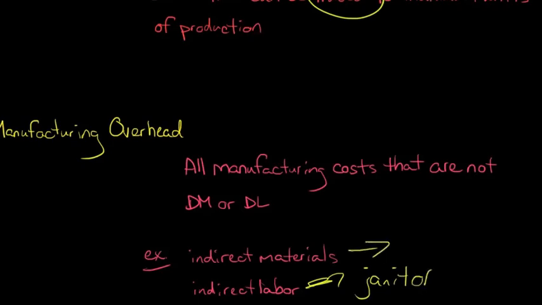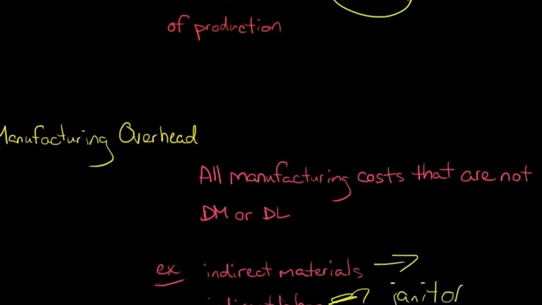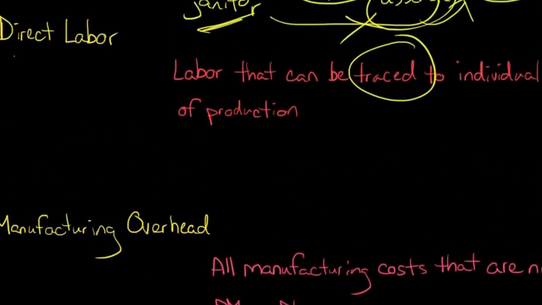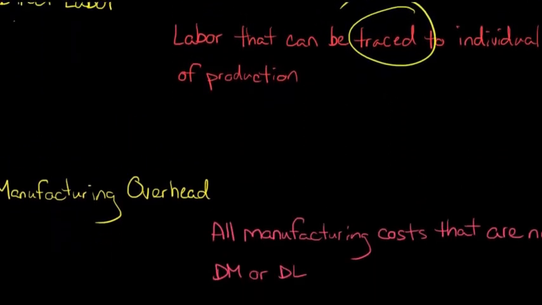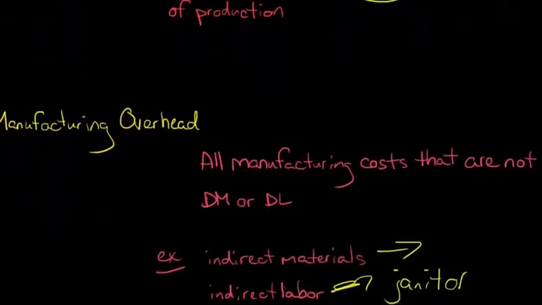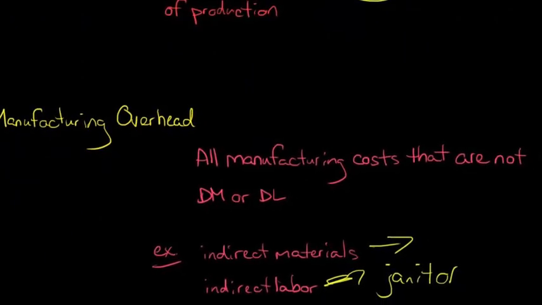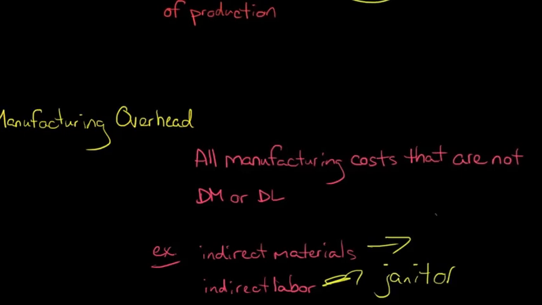Indirect materials might be a little bit more difficult to understand. Maybe there's some glue that was used to put together something that in turn was put into the car. It's not really like steel to be used for the car. Say they're using a glue gun in the factory to put together, let's say, your rear view mirror.